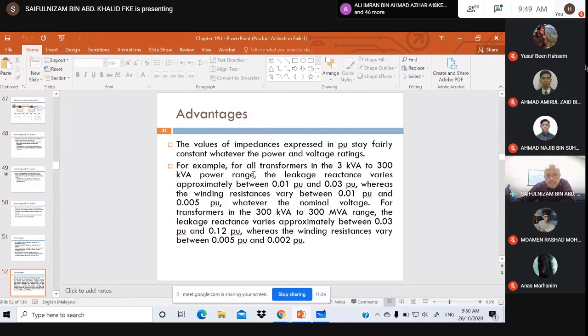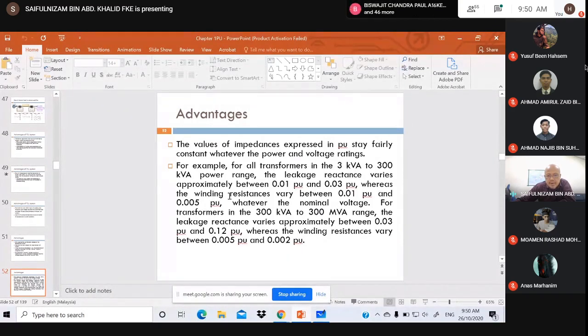And then the value of the impedance expressed in per unit stays fairly constant, whatever the power and voltage rating, and tends to fall within a narrow range. Okay, for example, for transformers from 3 kVA, so this is the capacity of the distribution transformer, to 300 kVA power range, the leakage impedance varies approximately between 0.01 pu and 0.03 pu for this rating.